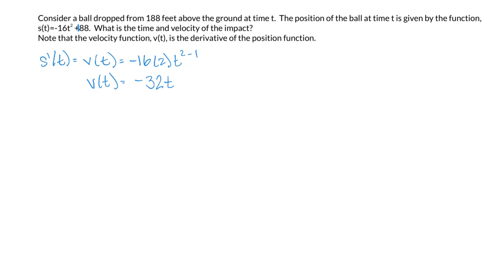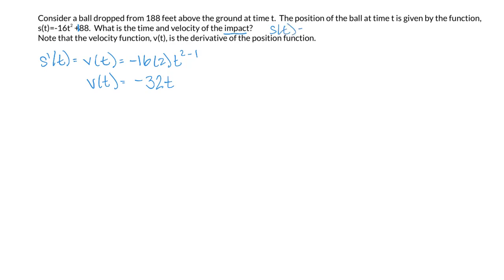Okay. Now, we're asked two things. What is the time and the velocity of the impact? Now the impact is when we are hitting the ground, right? So we want to know at what point is the position equal to 0. The impact or position is on the ground.